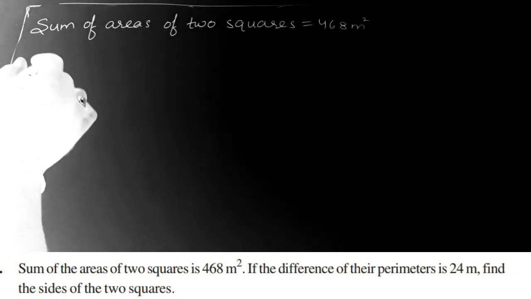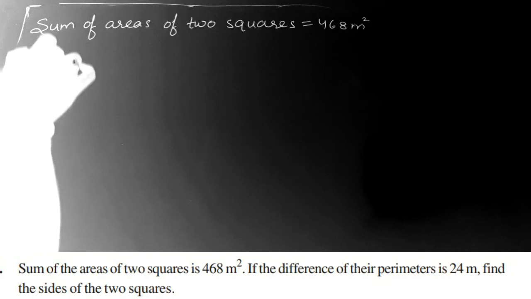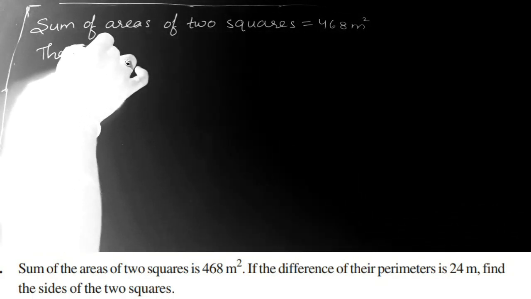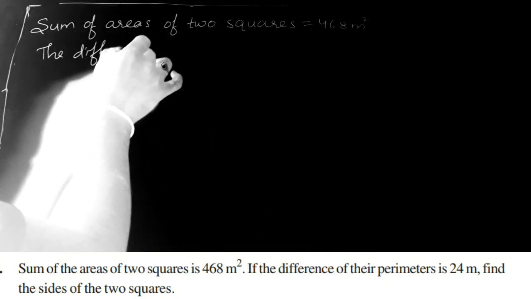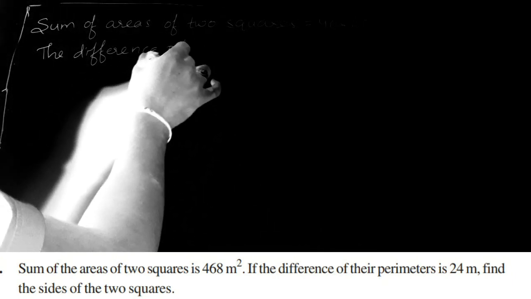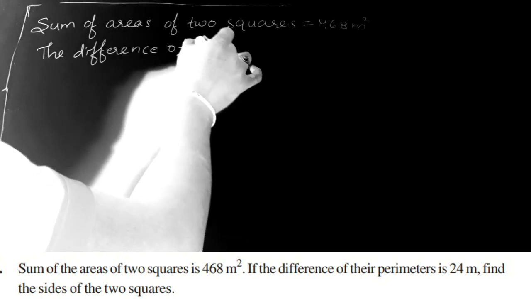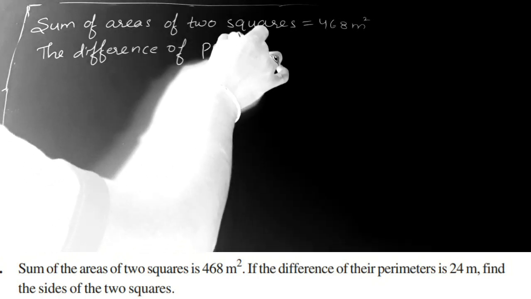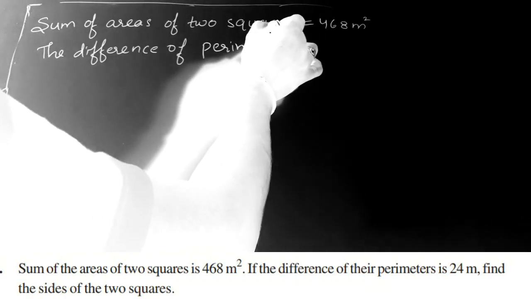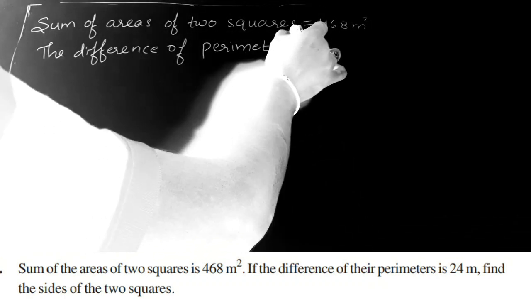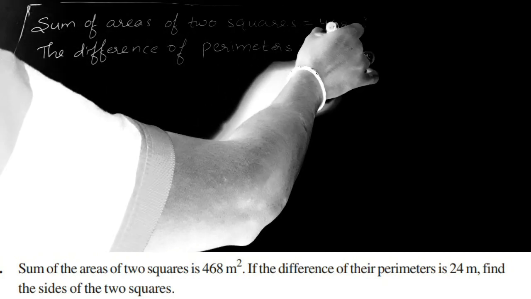The difference of perimeters is equal to 24 meters.